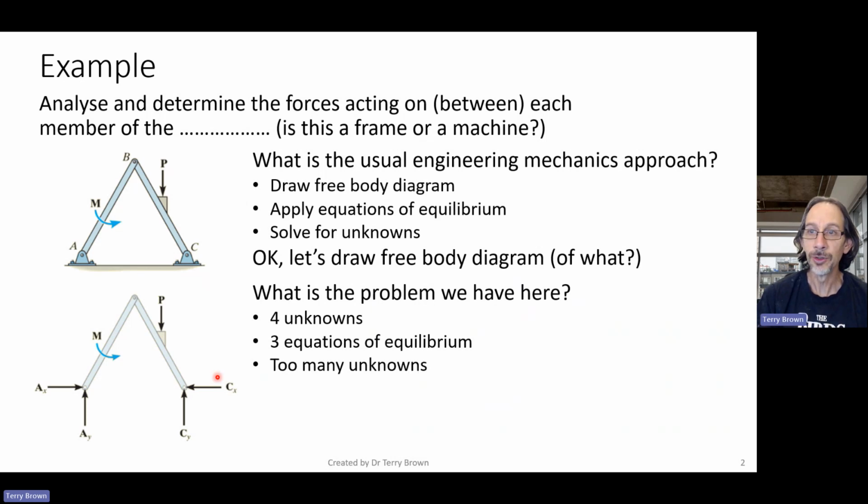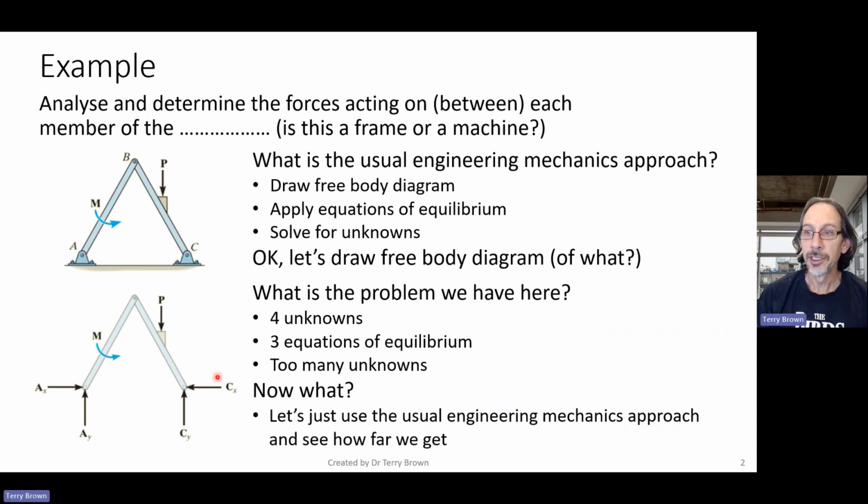We're going to need to do something else, because we've only got 3 equations of equilibrium in a 2D problem: two force equations and a third equation as the moment equation. Or depending on the problem, it could be 1 force equation and 2 moment equations, or maybe even 3 moment equations. But whatever the case, there's only 3 independent equations that you can use. So now what?